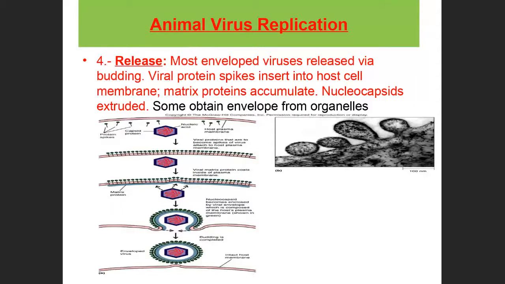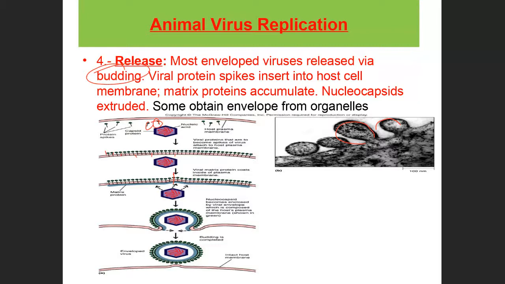Envelope viruses, I should say, are released slowly by a process called budding of the viral particles. Like you can see here, these little buds coming out. Before that, the spikes of the virus are introduced into the cell membrane.